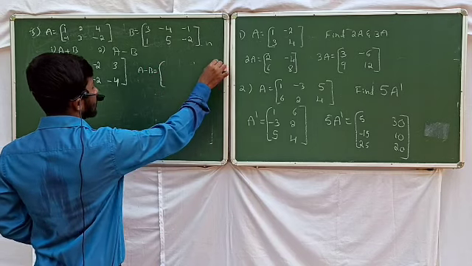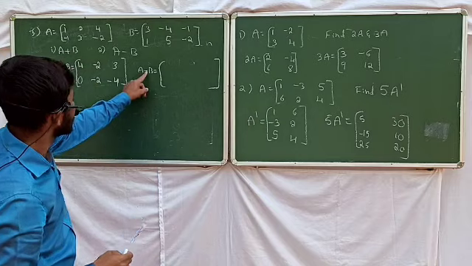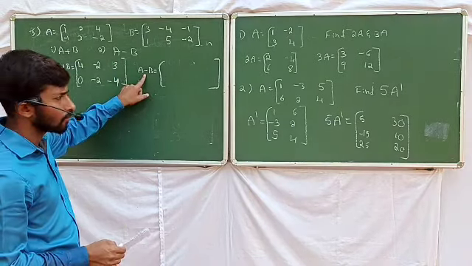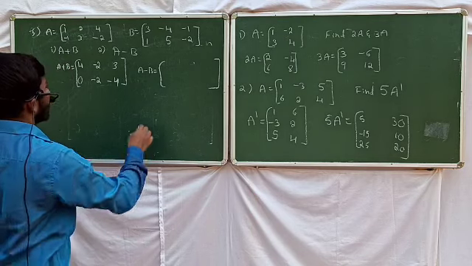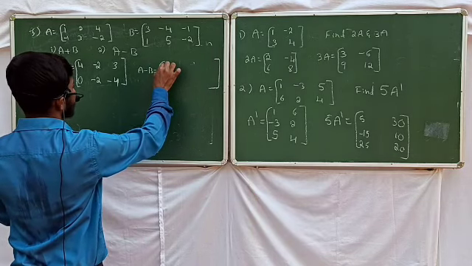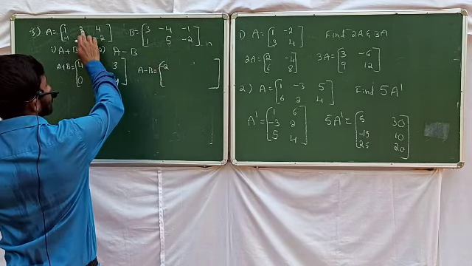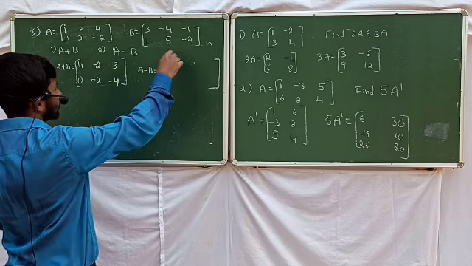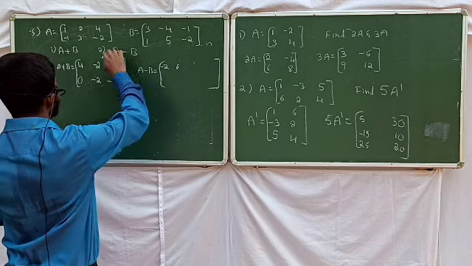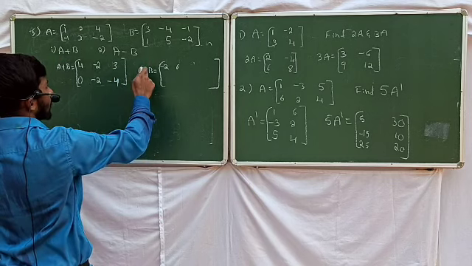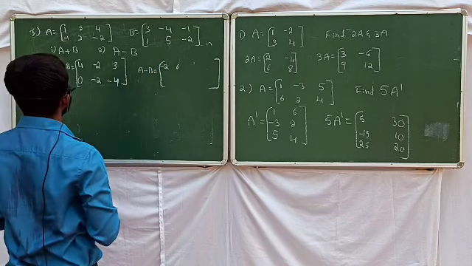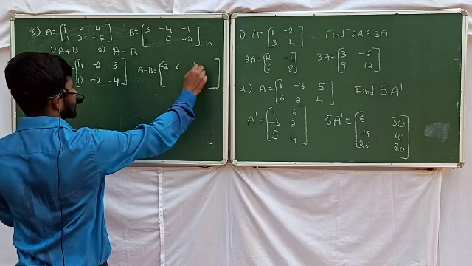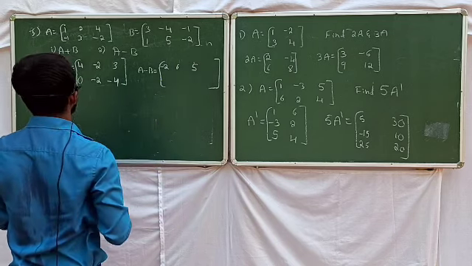A minus B, remember here it is subtraction. In the question itself minus is there. Okay, A minus B. 1 minus 3 is minus 2, 2 minus minus 4 will become 2 plus 4, its value is 6. Clear? 2 minus minus 4 is equal to plus 4, so 6. 4 minus minus 1, its value is equal to 5.